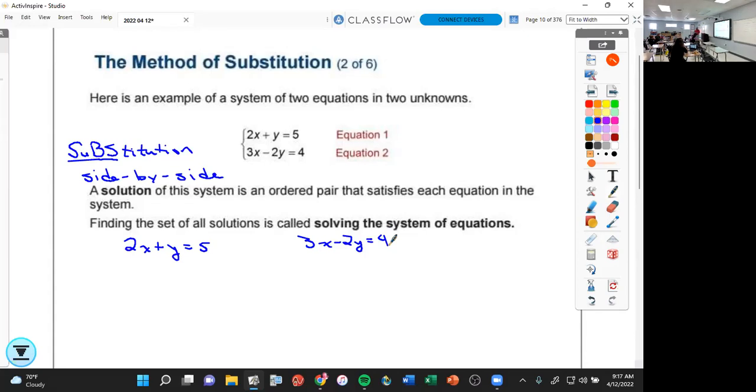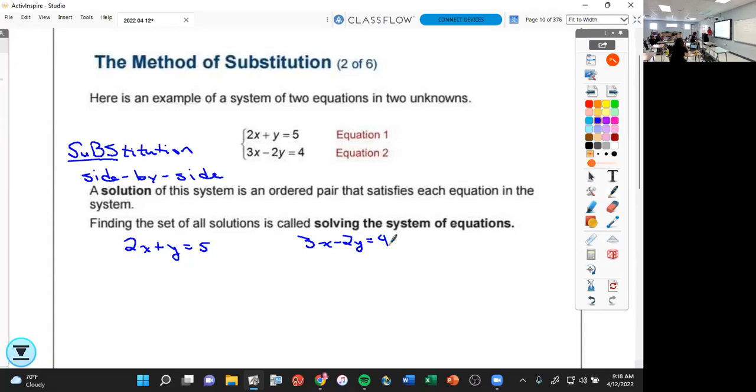Because that's how we solve the problem. The y in the first equation, right? Because it's already what we call singular. A singular variable is a variable that has a coefficient of either 1 or -1. It's easy to get those by itself.